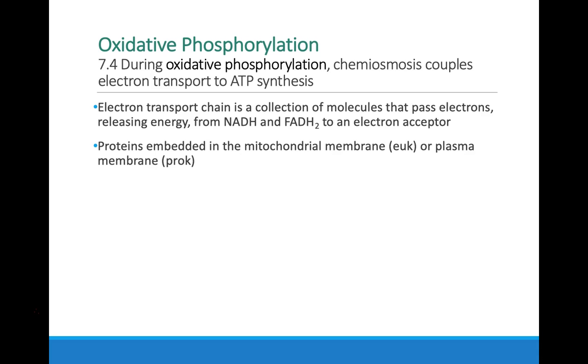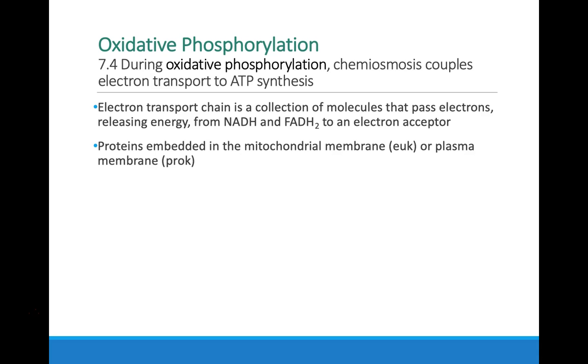This process occurs embedded in that mitochondrial membrane, that inner membrane, the cristae that we talked about. This process of oxidative phosphorylation is a series of proteins that are stuck inside that membrane. If you are a eukaryote. There are some prokaryotes that perform cellular respiration, and if you are one of those, you don't have a mitochondria because you don't have any organelles, but you do have a plasma membrane that surrounds the cell.